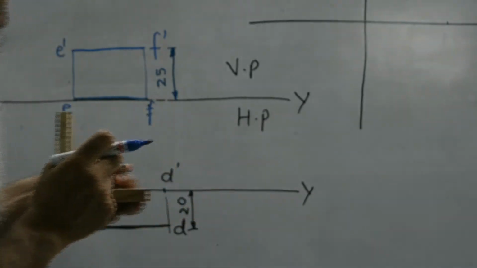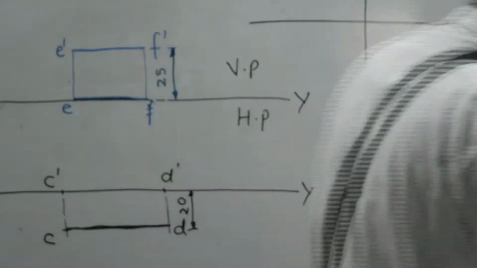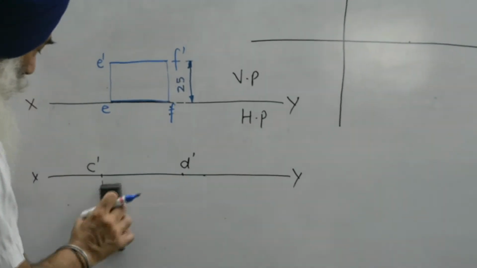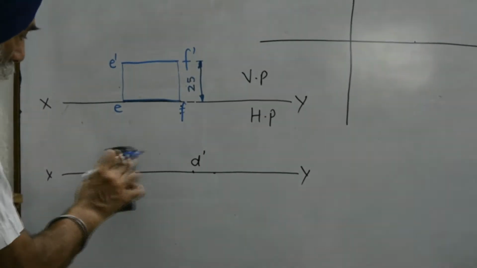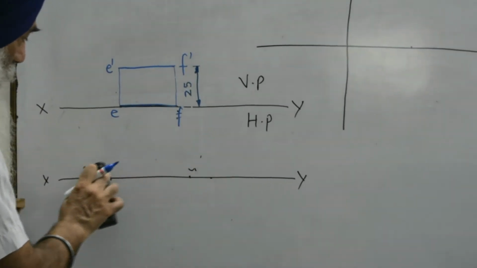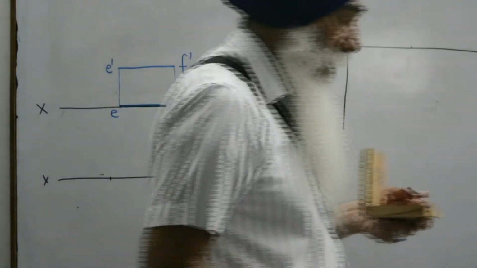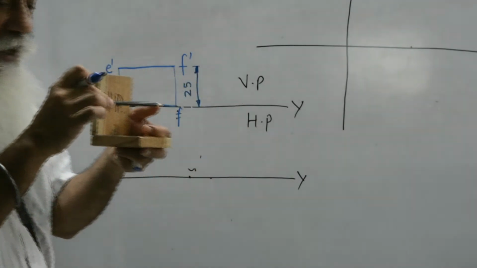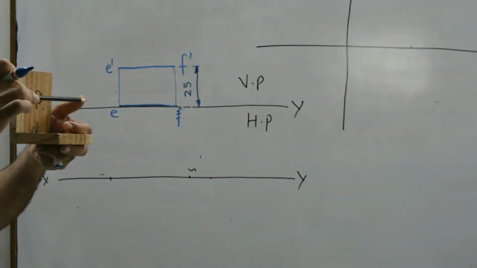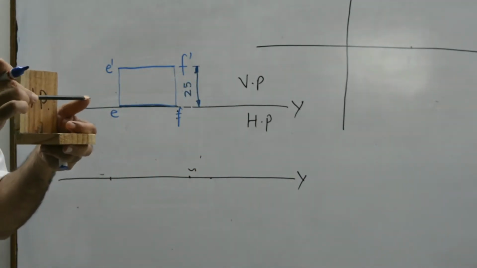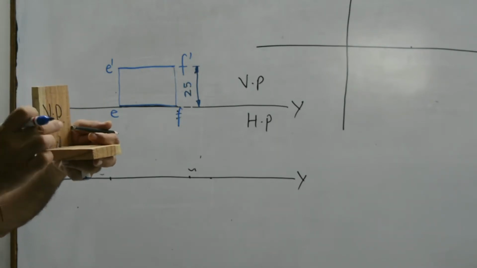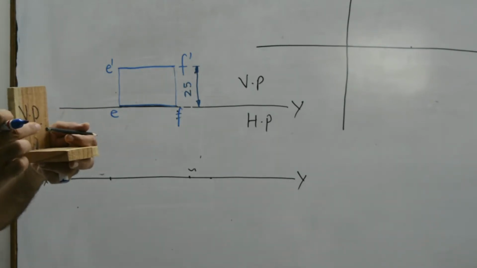I can say its answer will be like this. Suppose this line is the line LM. This line lies parallel to both the planes. What is its distance from the horizontal and vertical planes?